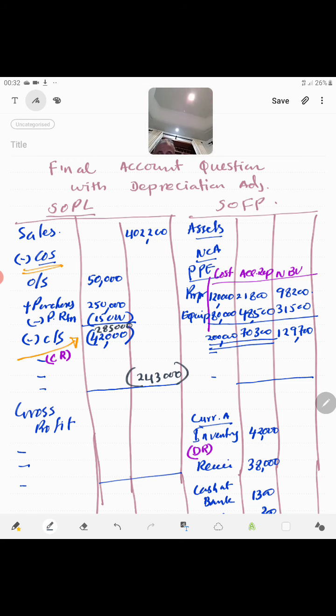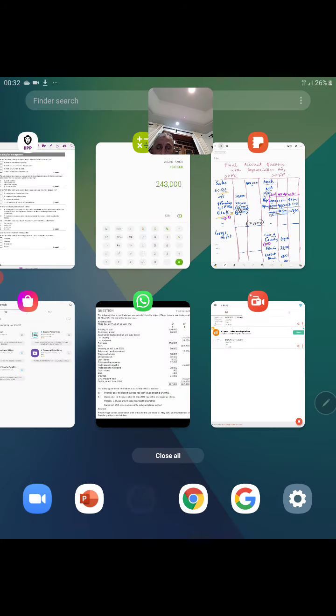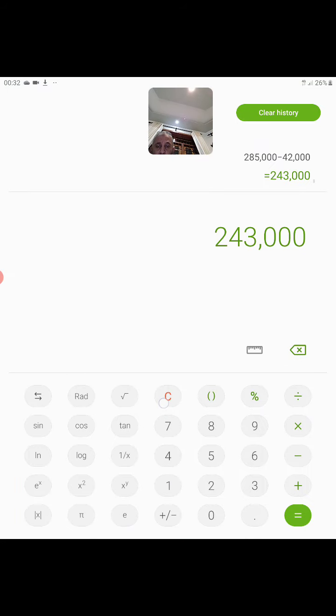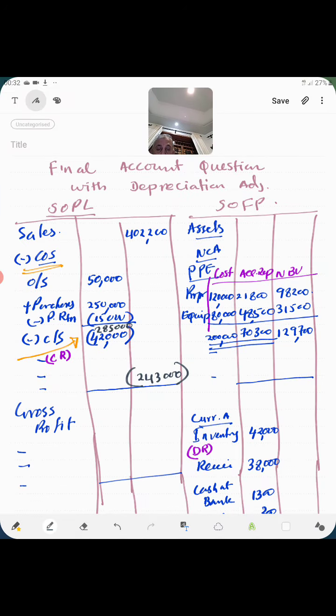This is the cost of sales. So 402,200 minus 243,000 is 159,200. This is the gross profit.